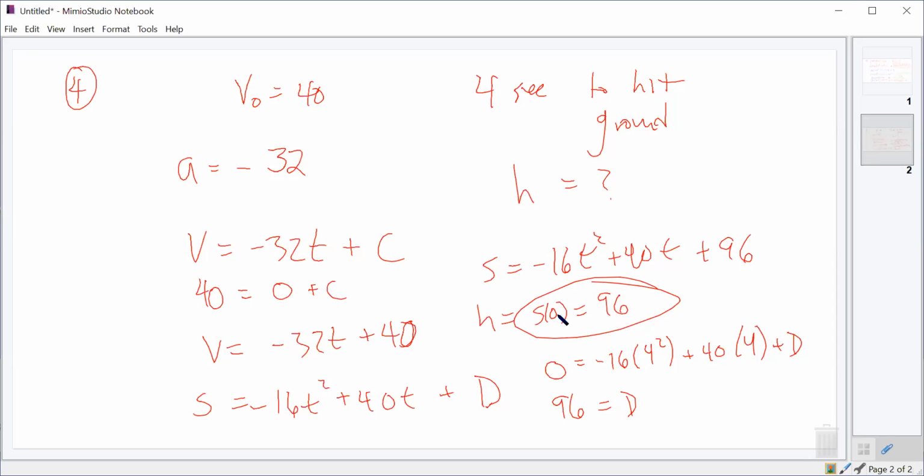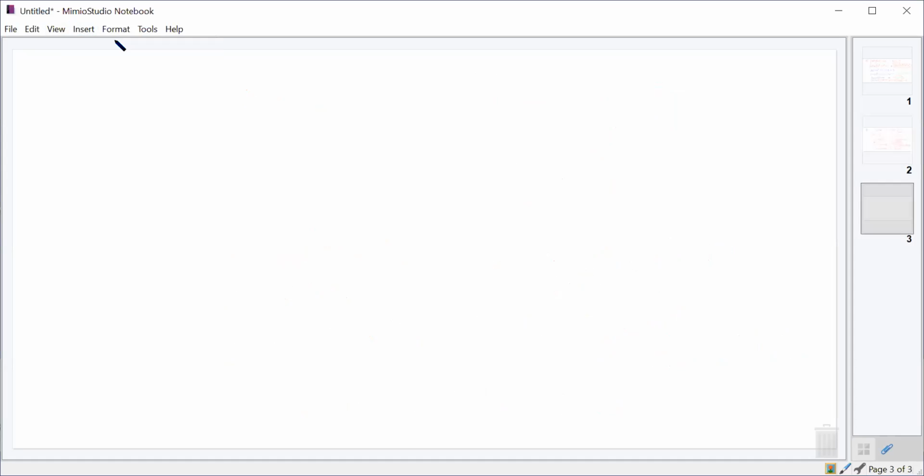All right. And then you wanted number 5 also, is that correct? Yes. All right, the maximum height is reached by the stone in question 4 after how many seconds? Well, the maximum height would be when the velocity is 0. So velocity equals 0 if negative 32t plus 40 equals 0.